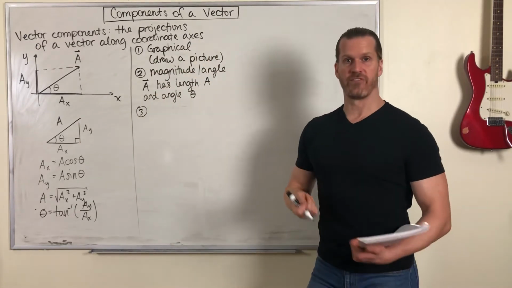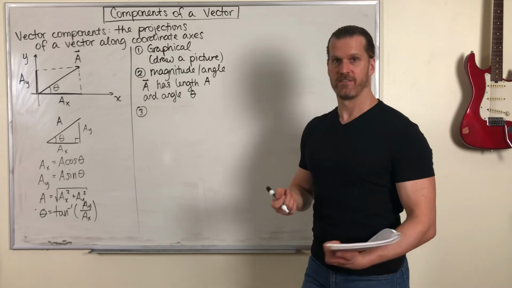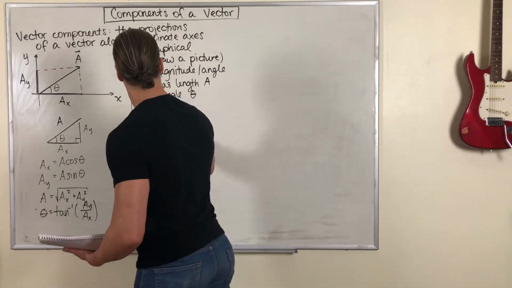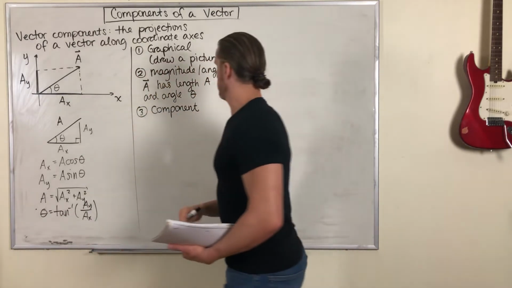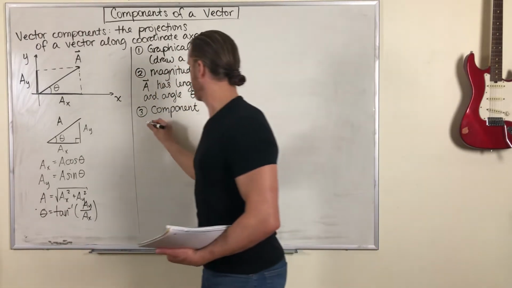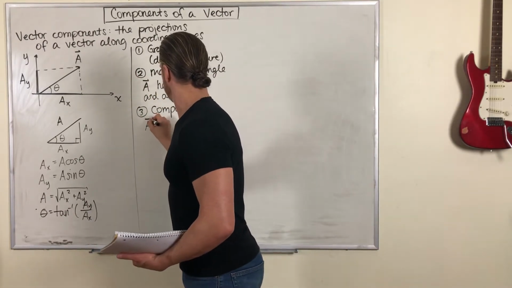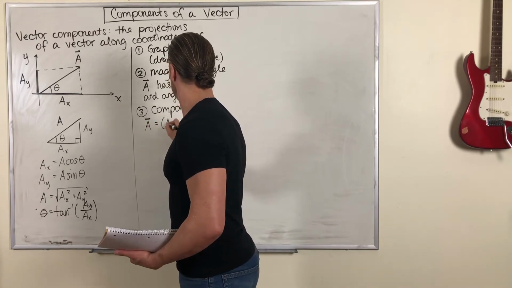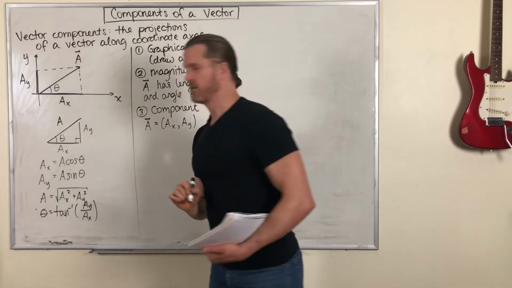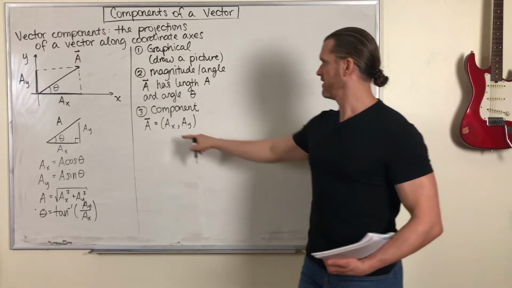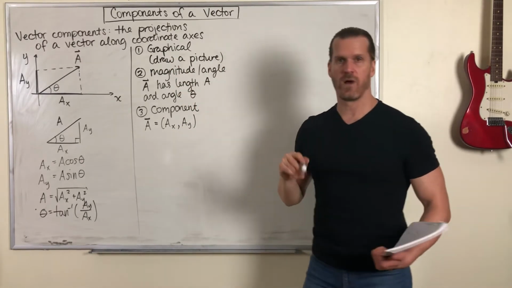And the third representation is the component form, where we say vector A equals an ordered pair, the x component, comma, y component.